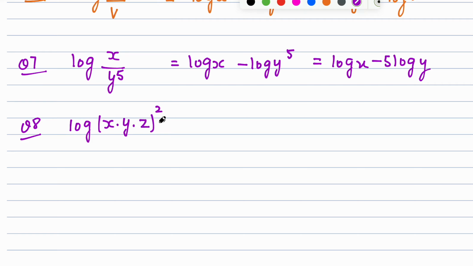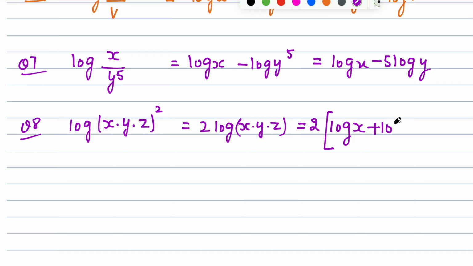This square is with the whole, so that will be 2 log of, first we apply this power rule, and then this 2 is with the whole thing, so I'll do log of x plus log of y plus log of c.